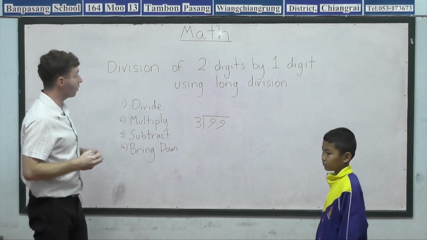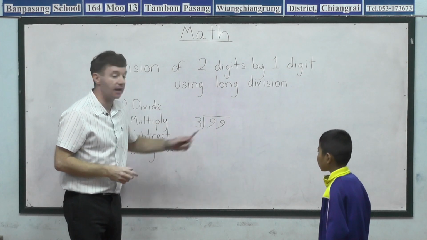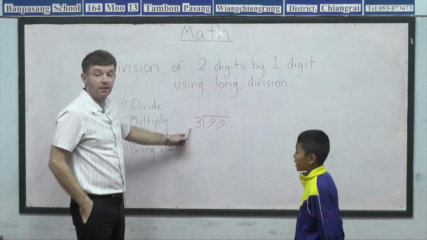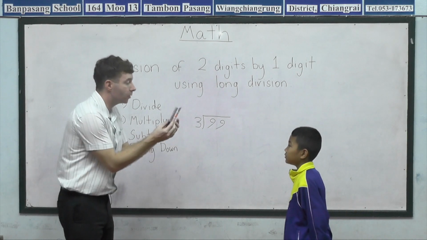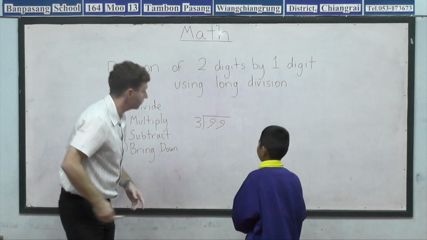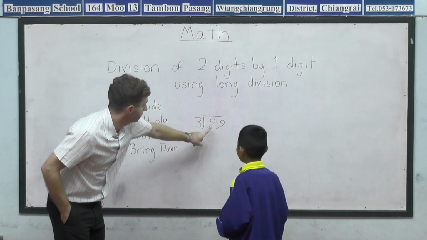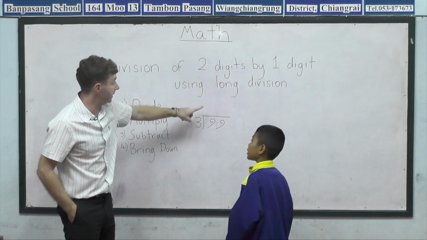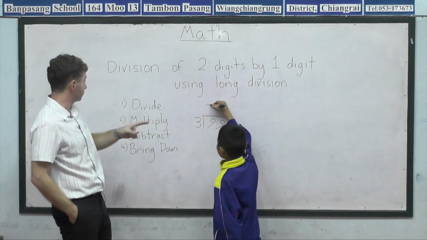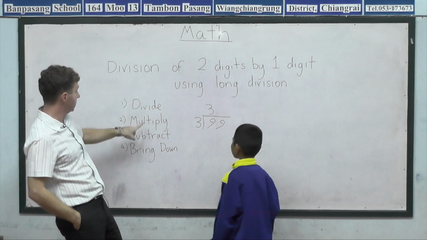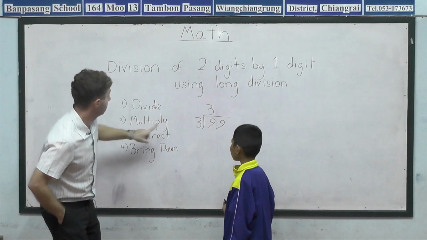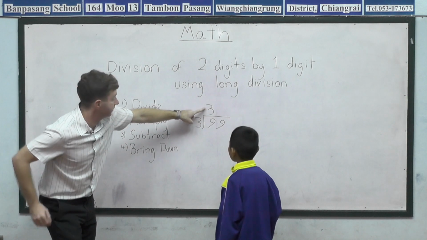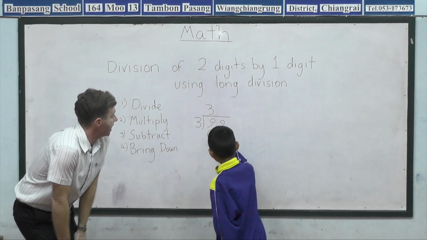So, first problem we have 99 divided by 3. Bangpon, what colour would you like? Black. Okay, so first step, 9 divided by 3 equals, excellent. So that's step 1 done. Now for step 2, 3 multiplied by 3 equals 9.